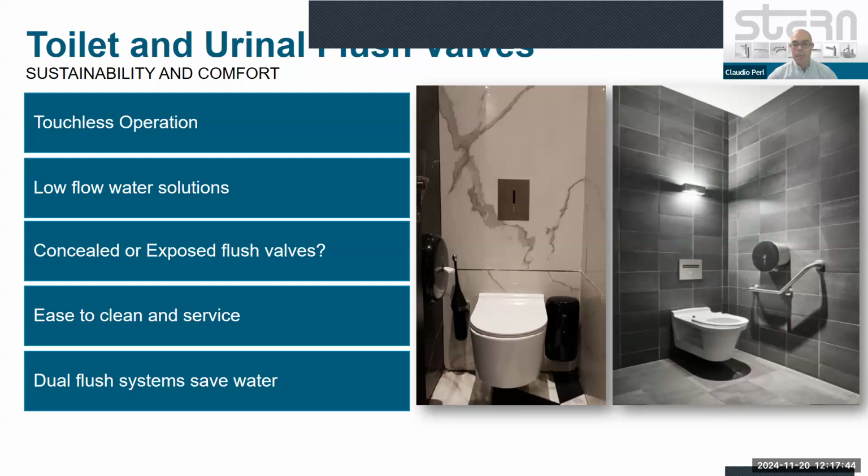And in many cases, the concealed versions of WCs are available with an override push button or override pneumatic push button in order to have a complete, successful user experience on site.